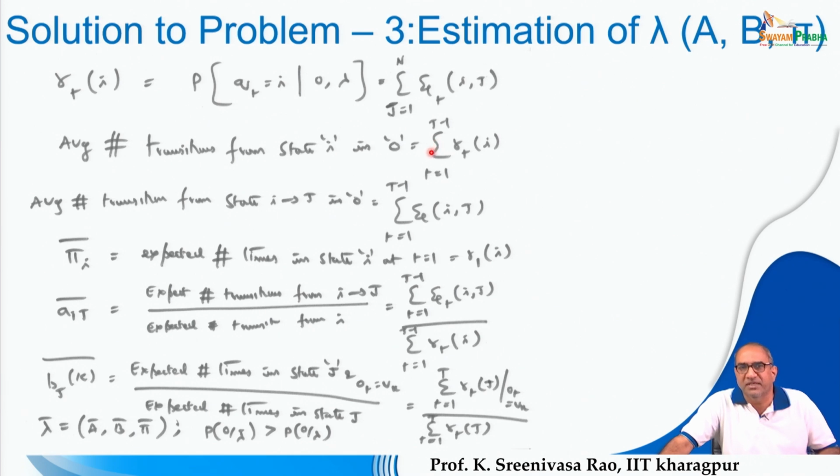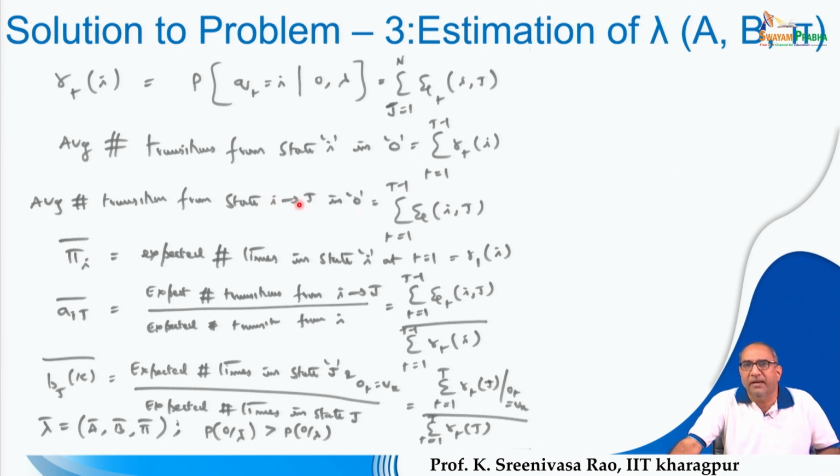Similarly, you can find out the average number of transitions where the system is passing through states i and j at times t and t plus 1, right. So, in the previous one it is the average number of transitions from the state i in the observation sequence O, and here it is the average number of transitions from i to j in the observation sequence.